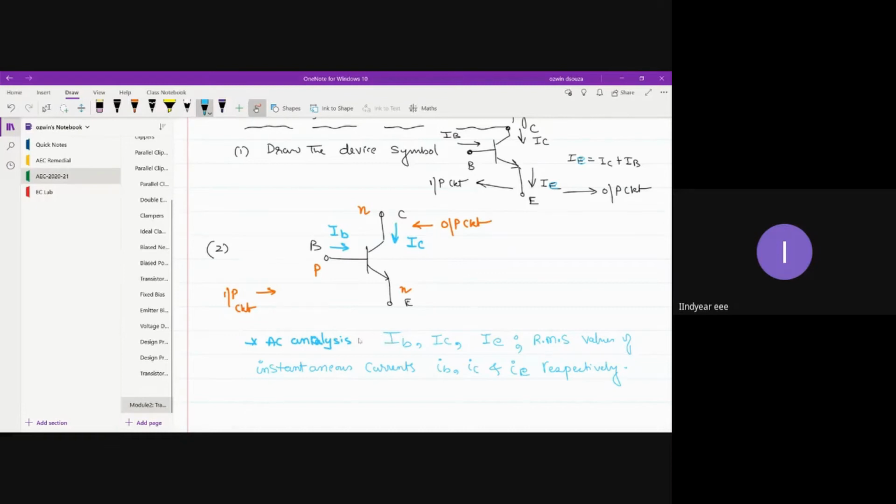This is how I separate the DC analysis from the AC analysis, by introducing the RMS values of AC current. This step is very important, so do not end up writing the DC current. Okay, all right.